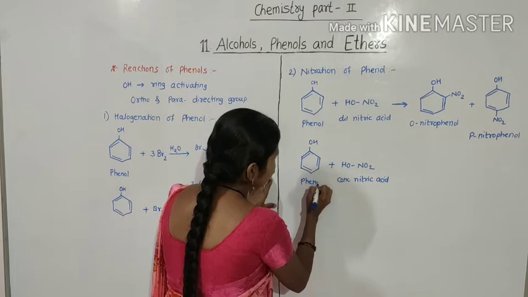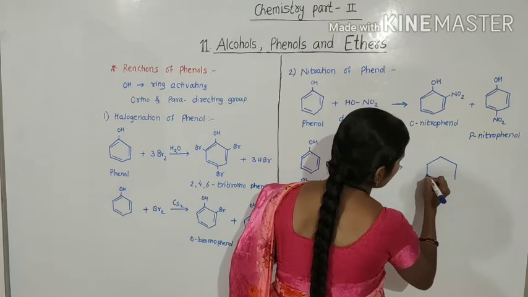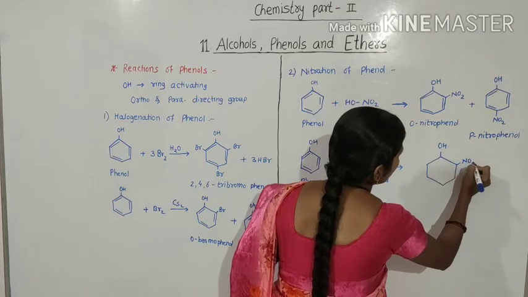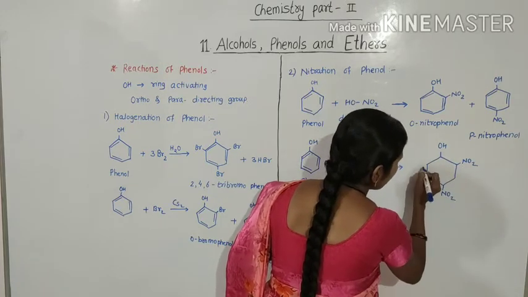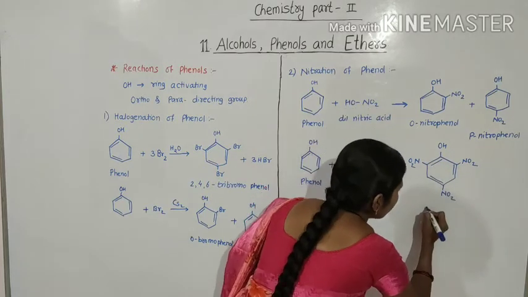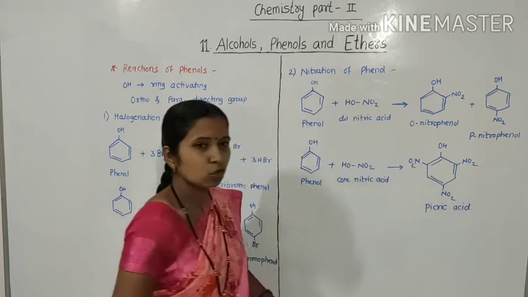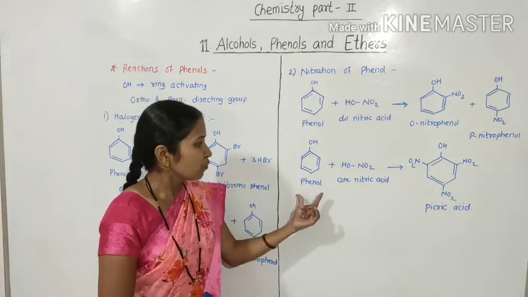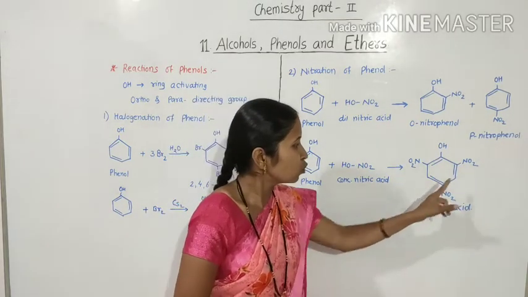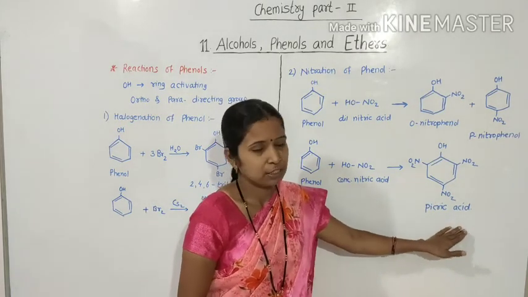Then there is formation of 2,4,6-trinitrophenol, which is also called picric acid.